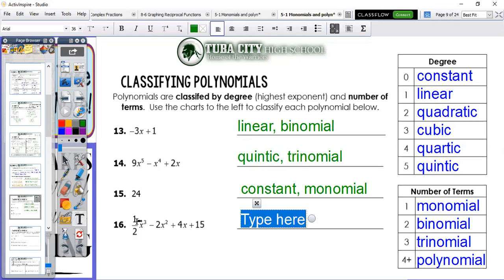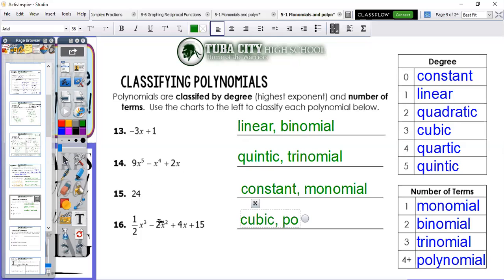So here we have x to the 3 power. So this means it is a cubic function or cubic degree. So 3, 2, 1, 0 power. So it's in order. And there are 4 terms. Now, mono, again, means 1. Bi means 2. Tri means 3. And poly just means many.